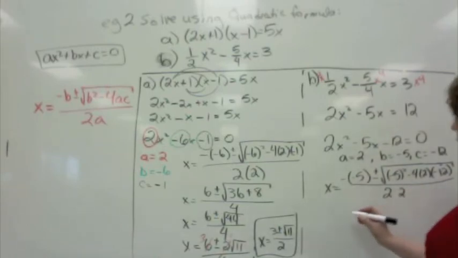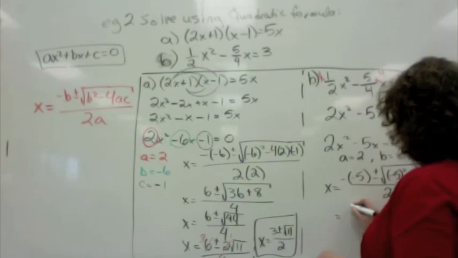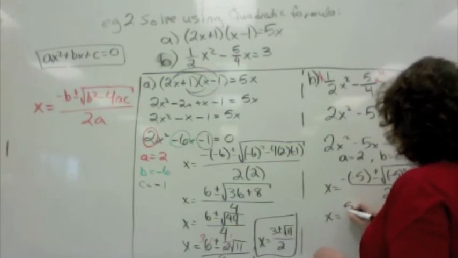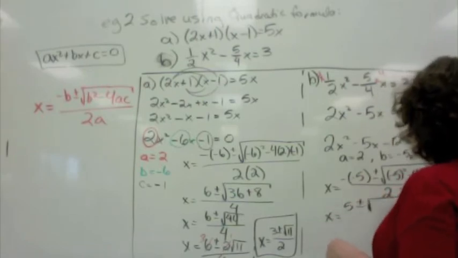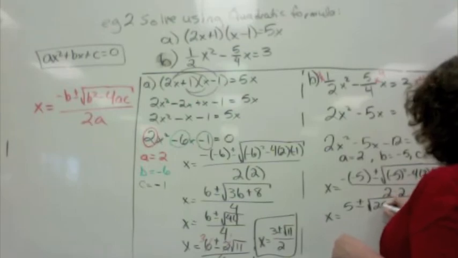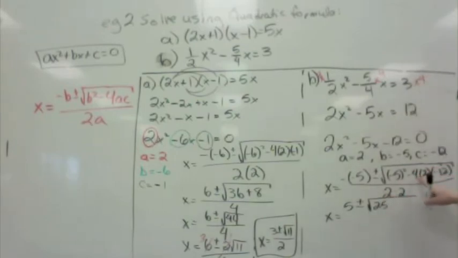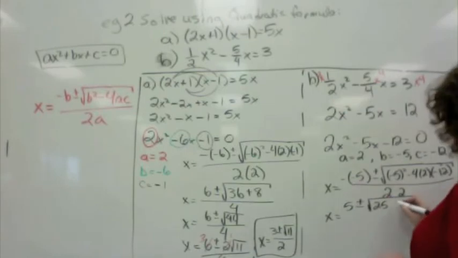So let's simplify a little bit. We have x equals 5 plus or minus the square root of 25. 2 times 4 is 8. 8 times 12 is 96.